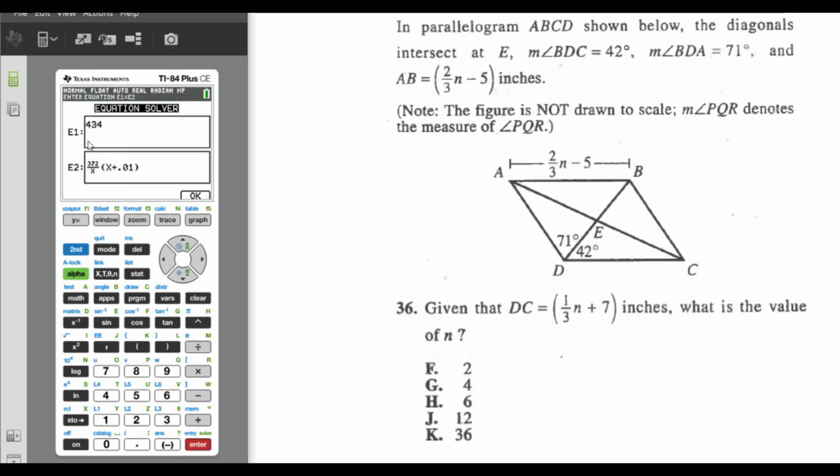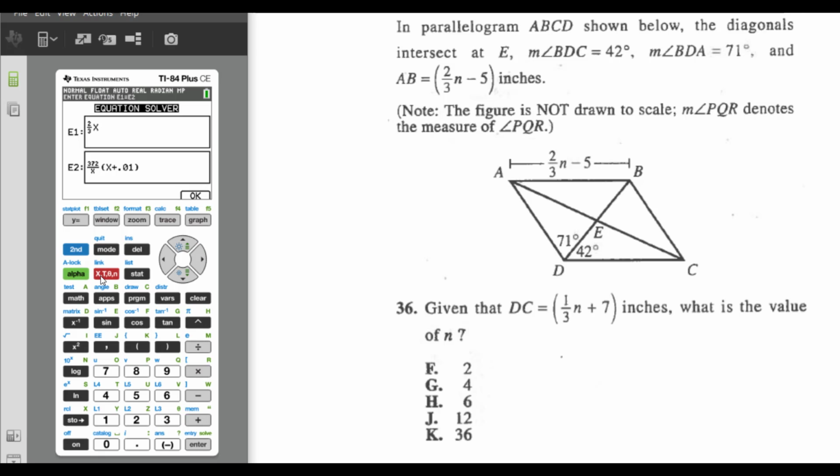And E1 stands for expression 1, or the left side, E2 expression 2, or the right side. So I'll clear what's there and I'll type in, let's see, these are opposite sides of a parallelogram, AB and DC. So I want to know when they're equal. So I'll go ahead and set those two equal. Again, using the fraction template, 2/3.